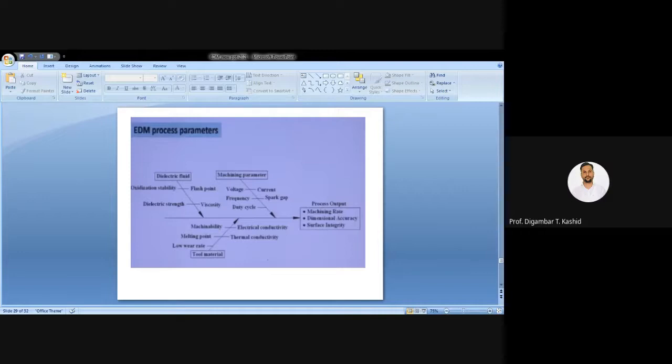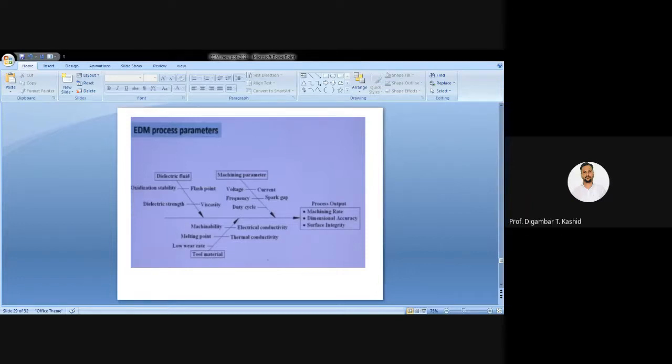Again, depending upon the value of the machining parameters, the performance will change. Then the aspect ratio, here I have given. The aspect ratio is the ratio of the length of the hole to the diameter of the hole, and it can be as much as 100 to 1 during drilling of small holes, which can be achieved with special flushing of the gap.